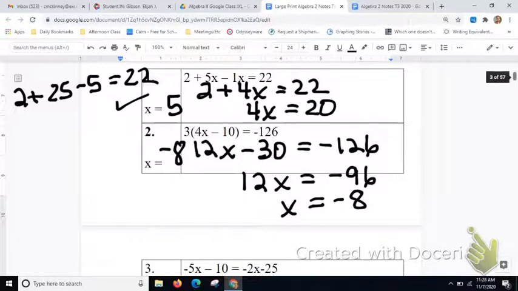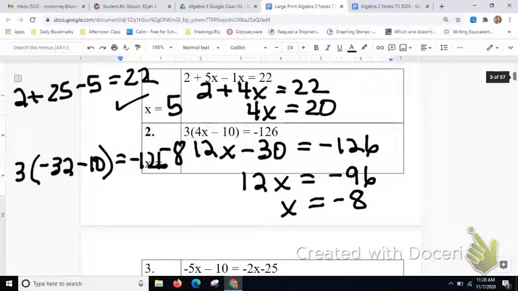For -8 down here, 3 times 4 times -8, right? 4 times -8, since -8 is x, is -32, minus 10. That's -42. Times 3 is -126. So -8 also is correct.